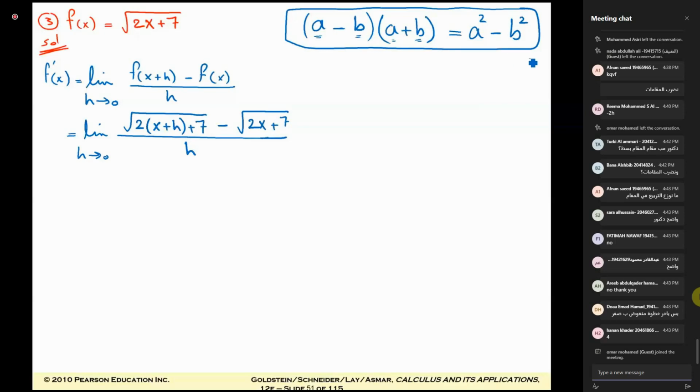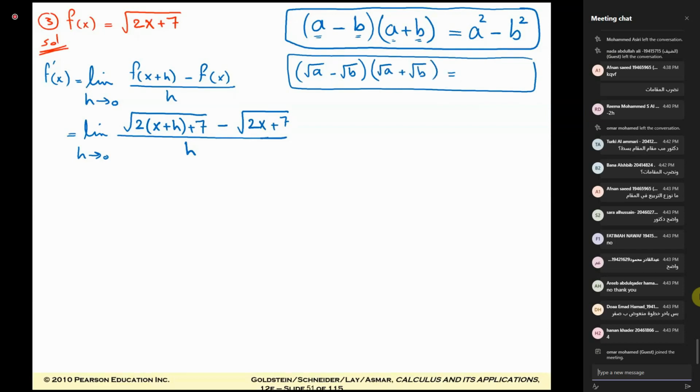If we apply this to radical a minus radical b multiplied by radical a plus radical b, this equals the square of radical a, the square removes the radical so we have a, and the square of b removes the radical so we have b, so we have a minus b without radical.